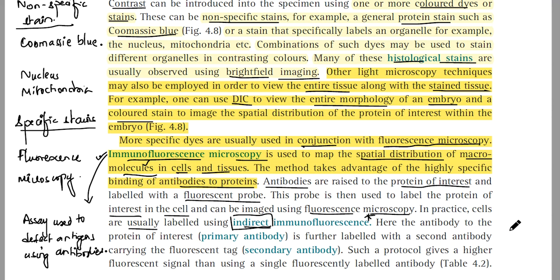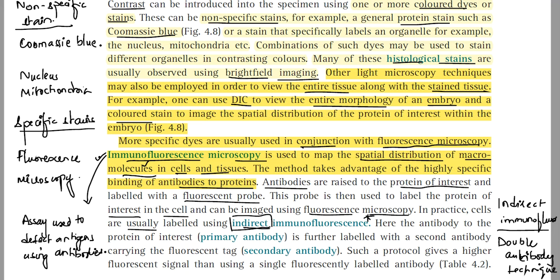So I write here: indirect immunofluorescent technique. This is a double antibody technique. Very important, because this is similar to immunology also and microscopy also. So two topics are covered when you do this chapter. Double antibody technique.